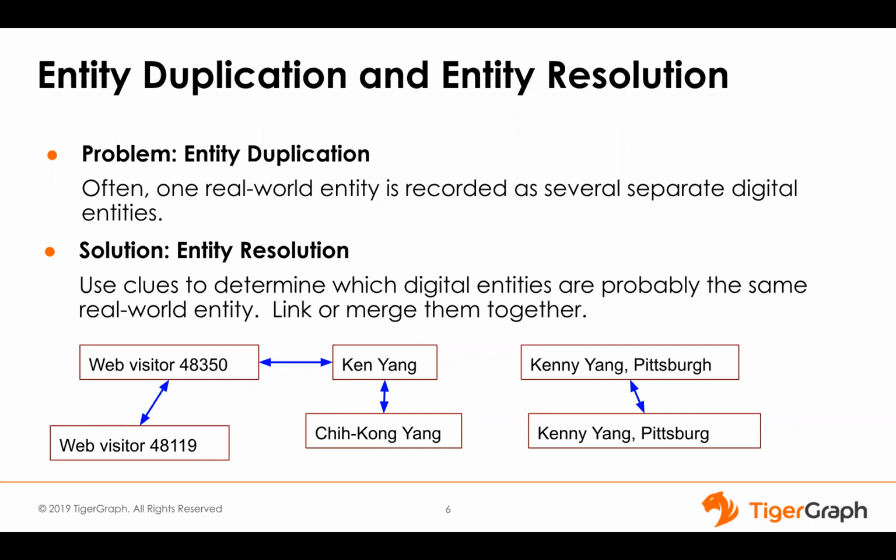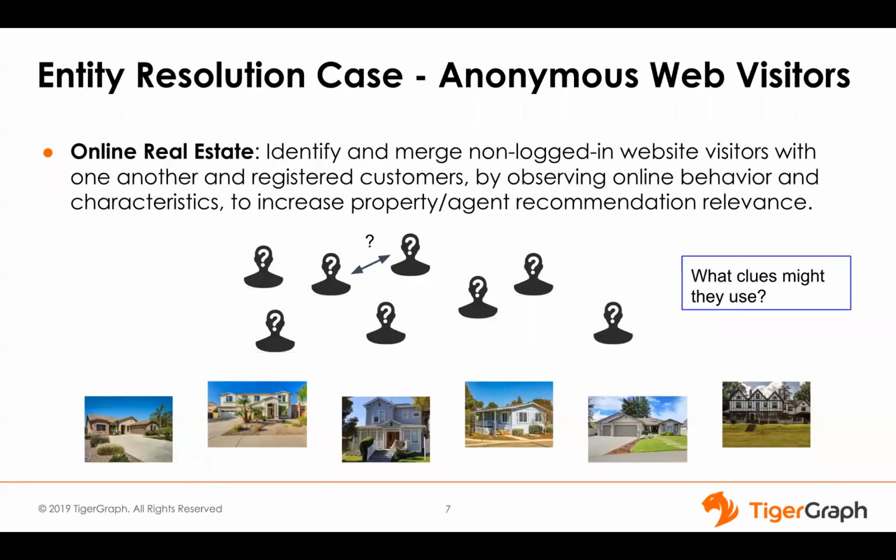And so on this subsequent slide, this is jumping straight into a real use case. This actually is something we've got a customer, Zillow, who are one of the largest real estate companies in the world. And they do online real estate where people go to the website and they look at the houses that they might like, and they don't actually have to register. Generally, people will only register at the point where they want to book an appointment, for example.